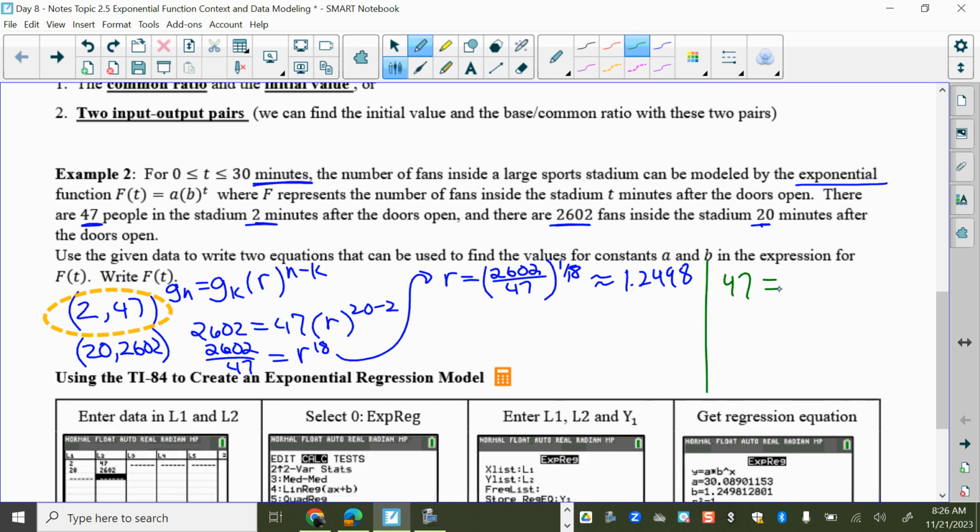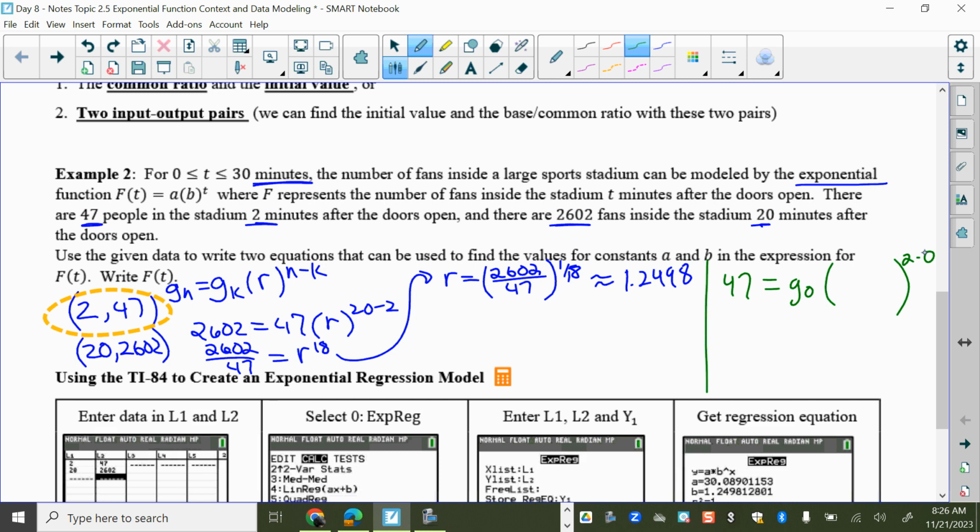I'm going to try to find G of 0. And I have my R value, I'll leave a big space for that, but what's going to be in the exponent up here? Because 47 was my what term? My second term, and this is my 0 term, right? So I'm going to put 2 minus 0. Follow? I'm trying to find my initial value.